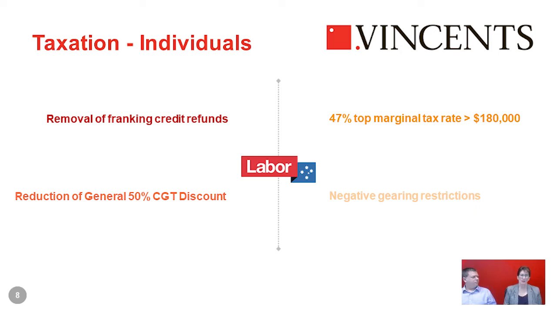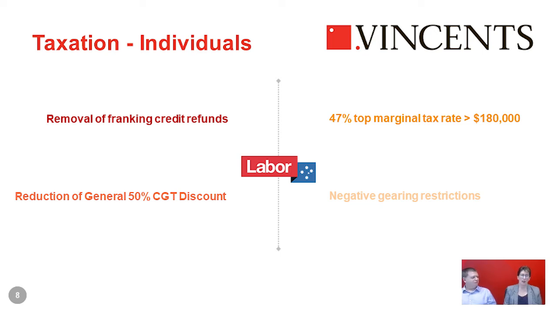So their costings, particularly in relation to the CGT discount, indicate that the cost to the budget has more than doubled since 2014. The cost of the CGT discount in 2014 was about $4.2 billion, and in 2019, it's expected to be about $8.6 billion. That's B, not M. So that's a significant increase.